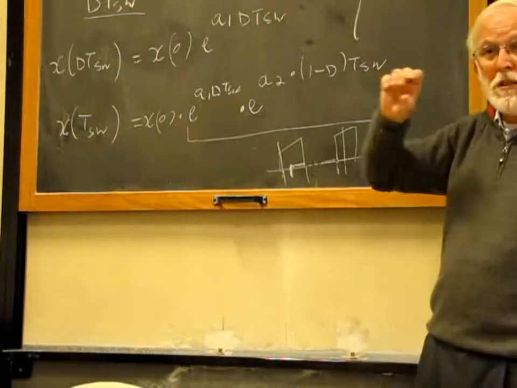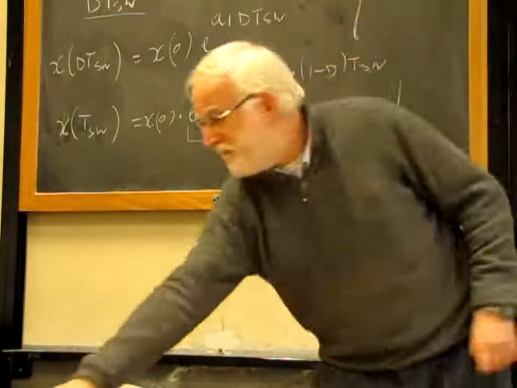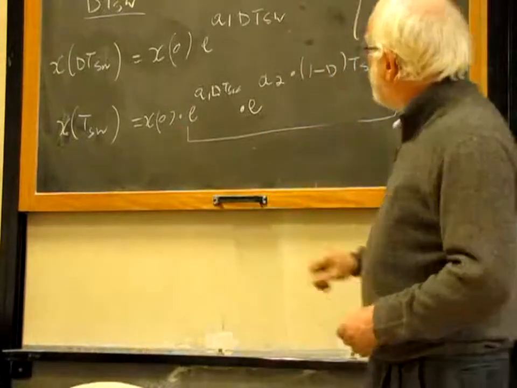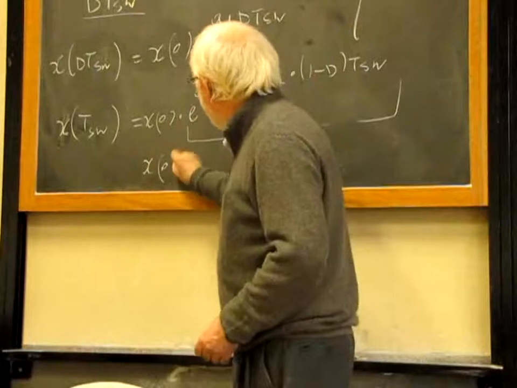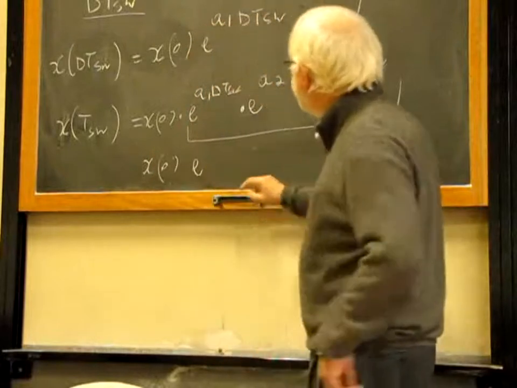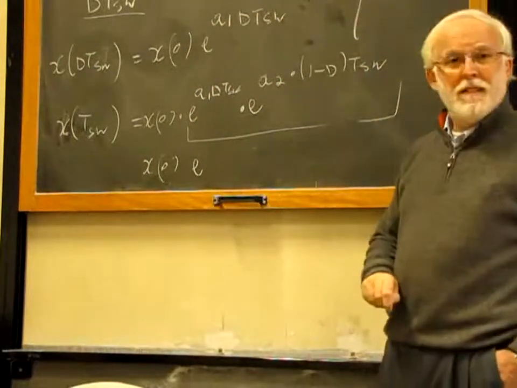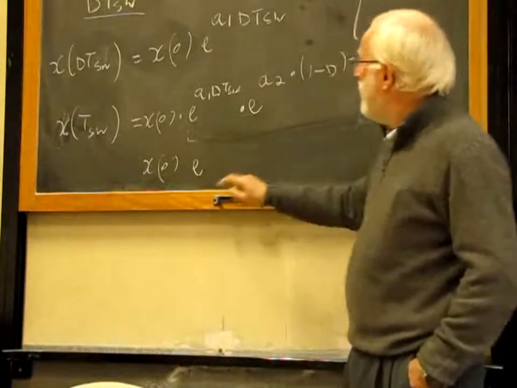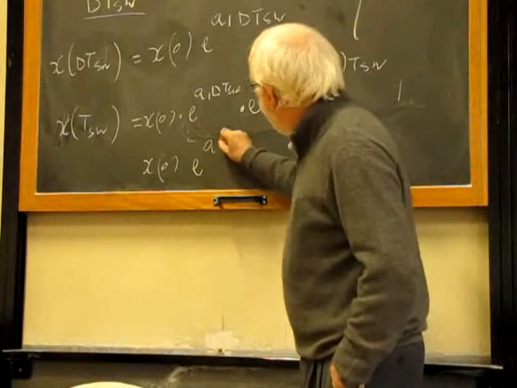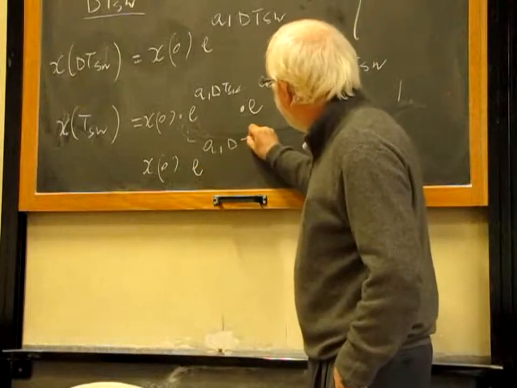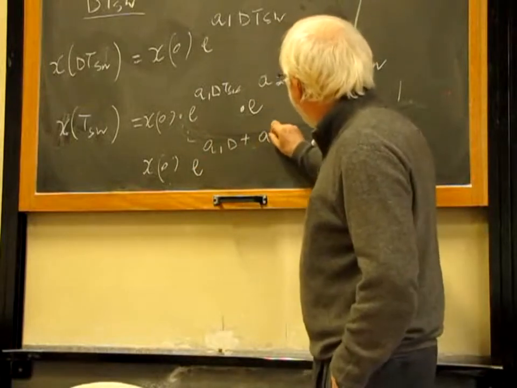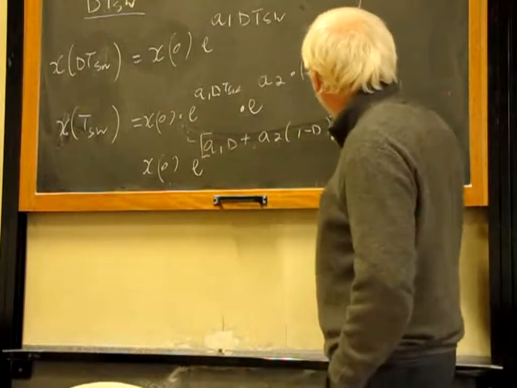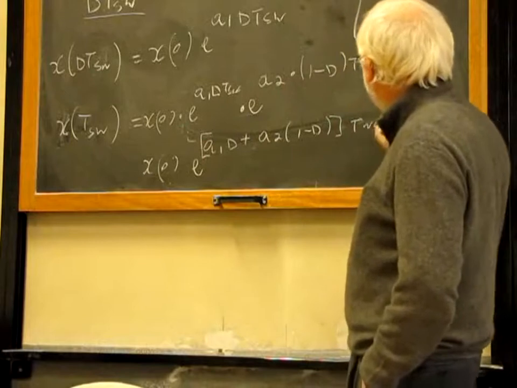This is not a sampled system. This is a continuous time system. So this is equal to x0 that multiplies e to the a1 d plus a2 1 minus d, times the switch period.